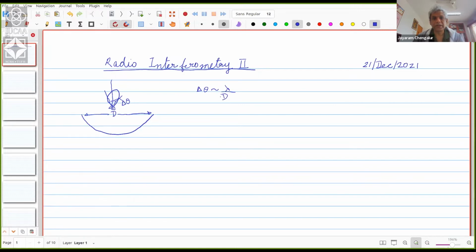So we are sensitive to radio emission from sources which lie within delta theta. To zeroth order, we assume that any radio source within delta theta will be received and picked up by the dish, and any emission outside delta theta we are not sensitive to and do not receive.